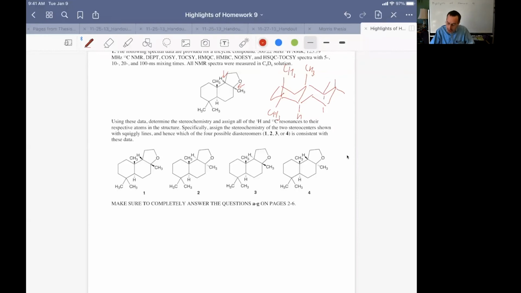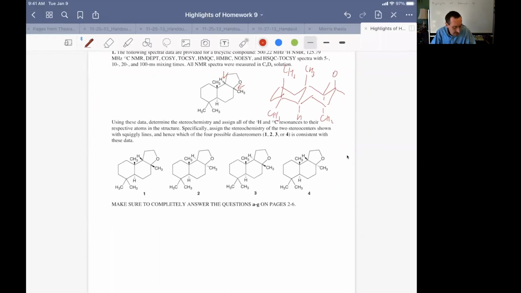I'll give you one cautionary note: if we have our oxygen over here and our carbon over here, we can't span that ring. So you're going to build models, Pi-Mole models, for all possible diastereomers. In that particular case, you're going to have to accept that the ring of the decalin has no choice but to go to a boat conformation.